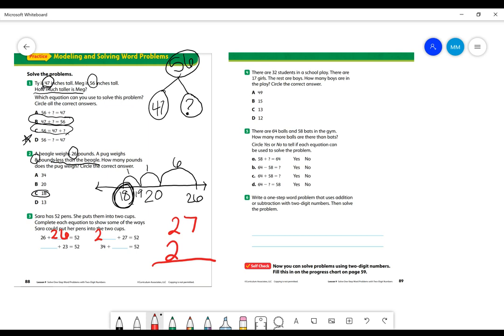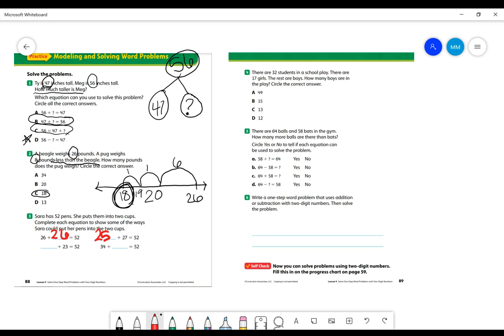So 7, 8, 9, 10, 11, 12. How many ones would I have in my other part? I would have 5 ones. So friends, we can use what we know to help us solve other problems. So 25 plus 27 equals 52.